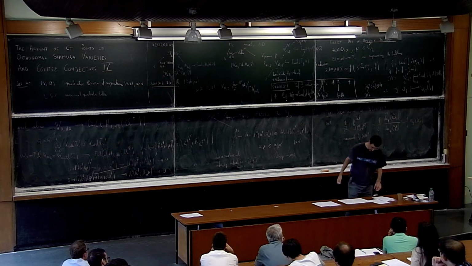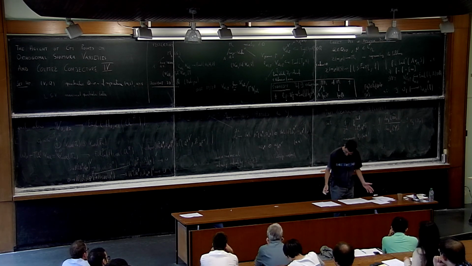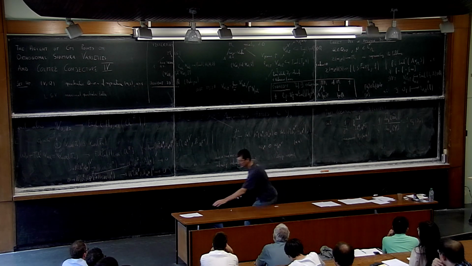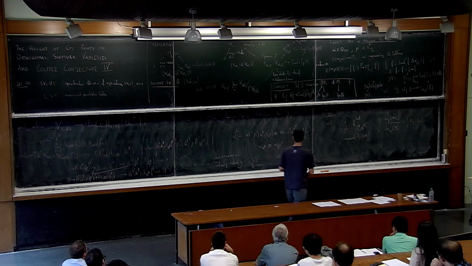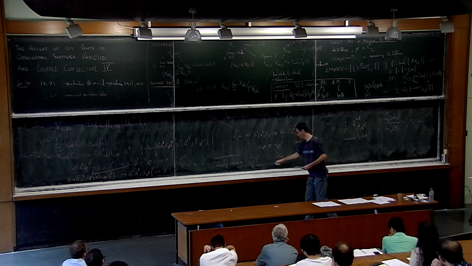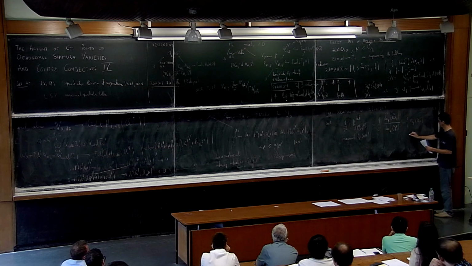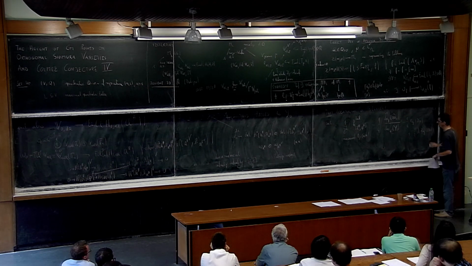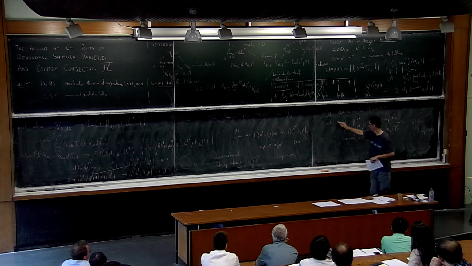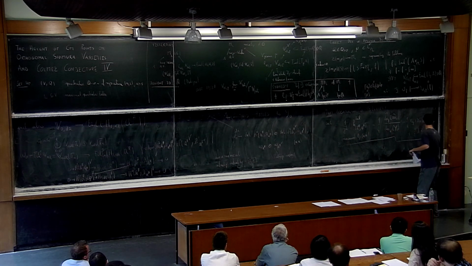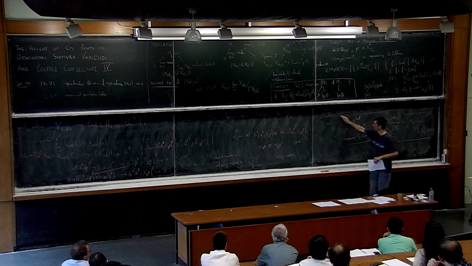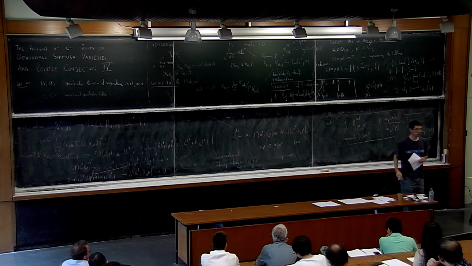And then there is another contribution, which comes from the comparison of metrics and from the fact that you normalize the Faltings metric by dividing by log 2 pi. Okay, so that's good.